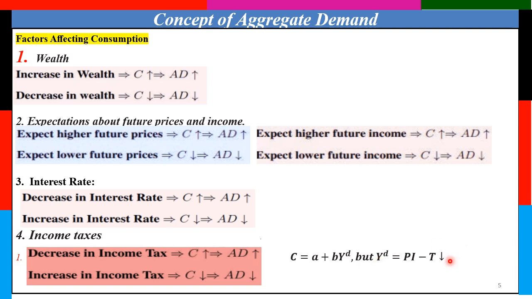But if the tax is increasing, disposable income is decreasing. Disposable income decreasing means, due to the increase of the tax, consumption is decreasing. This implies aggregate demand is also decreasing. This is all about the factors that can affect consumption.